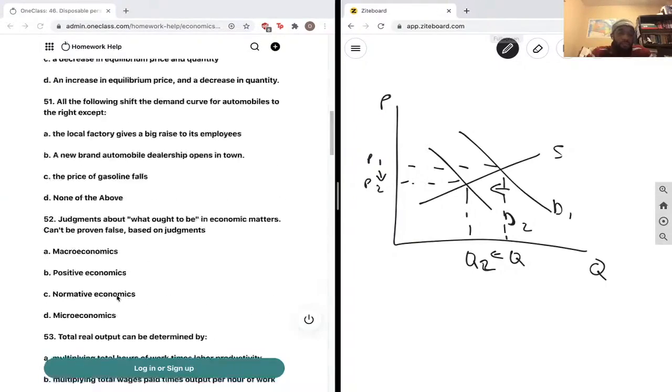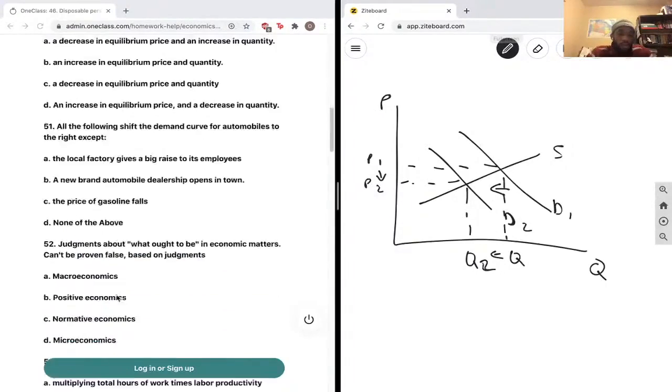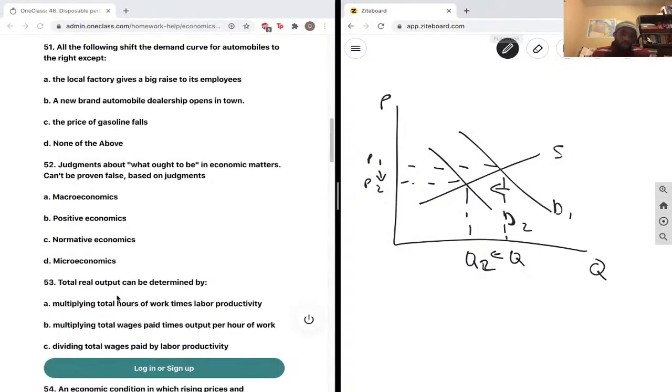52. Judgments about what ought to be in economics matters can't be proven false: macroeconomics, positive economics, normative economics, and D, microeconomics. So this question is basically just asking if this is a positive or normative statement.